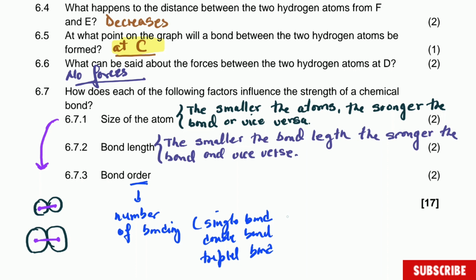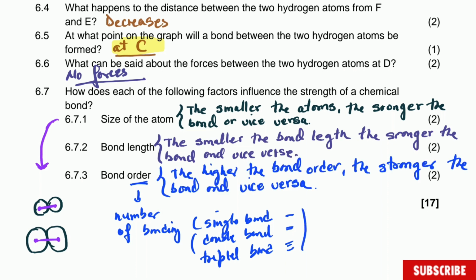That is the bond order. So it can be 1, 2, or 3. That is what we're referring to as bond order. So what you have to say is the higher the bond order, the stronger the bond, and vice versa, which means the lower the bond order, the weaker the bond.